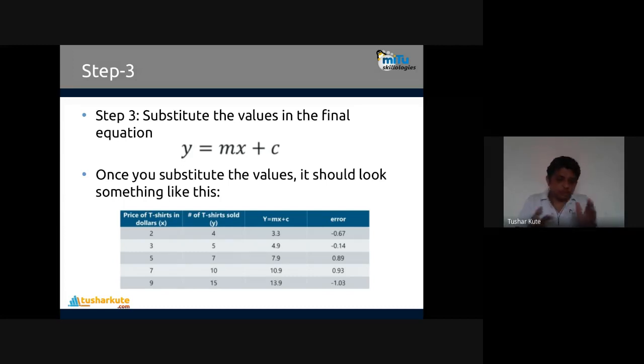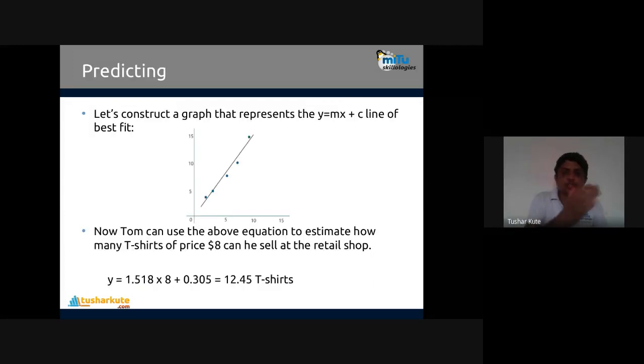So with that precision, I have put these values together with the help of the formulas which we have seen, working on the actual data set which is shown to you in tabular format. Fine. Now this is what the line of best fit is. Let's construct a graph that represents the y is equal to mx plus c line of best fit.